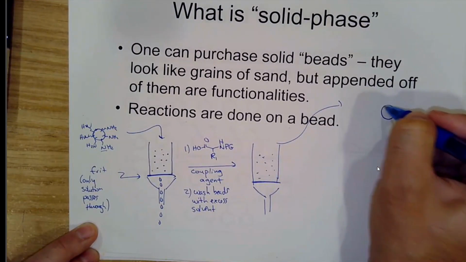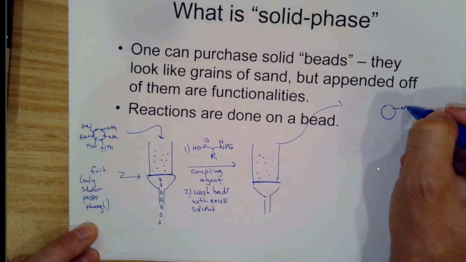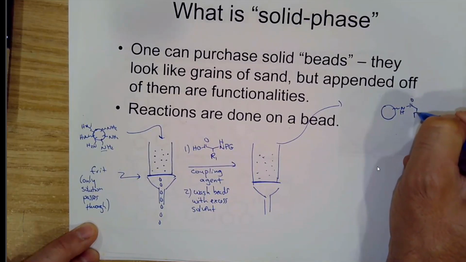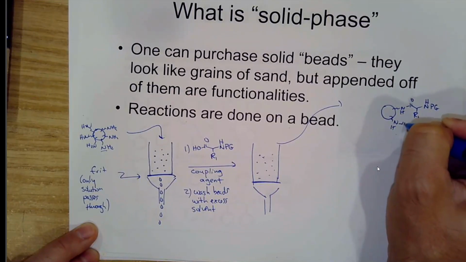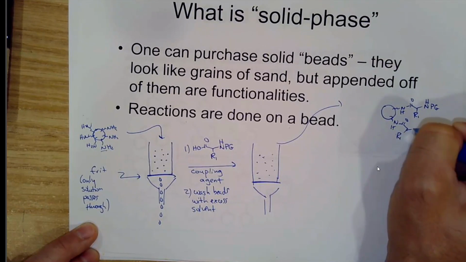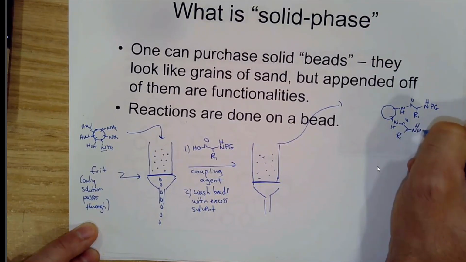Instead of amines attached to them, you have done an amide bond coupling, so you now have amides. You have that R1 NH protecting group, and you're going to have this at every single place where you had an amine previously.